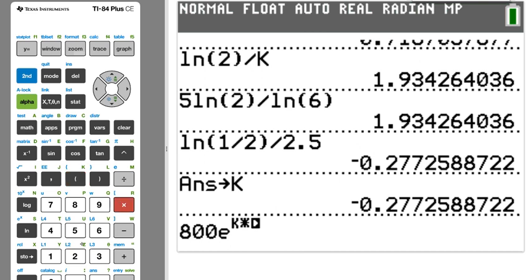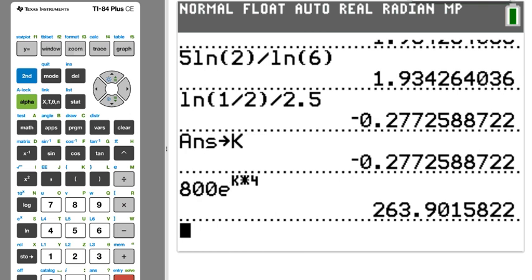times 4. Notice that the way my calculator works is that the k and the 4 are both in the exponent, but if you have a different calculator, you might need to put parentheses around your k times 4 just to make sure that they're both in the exponent. And we get 263.9, depending on how you want to round, 263.90 if you're rounding to the nearest hundredth.